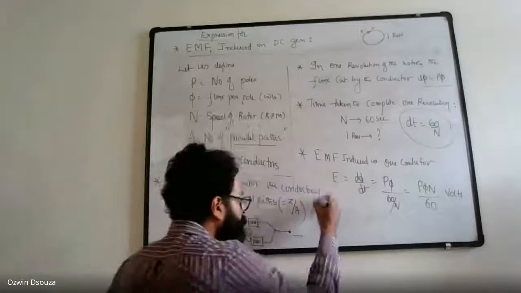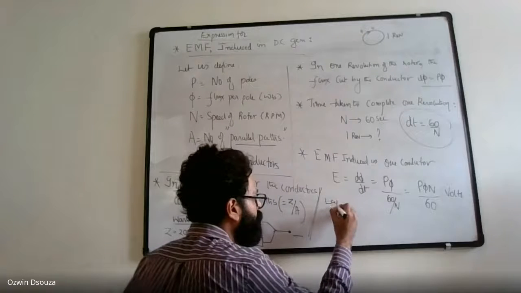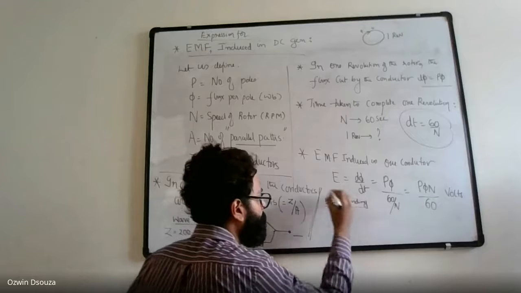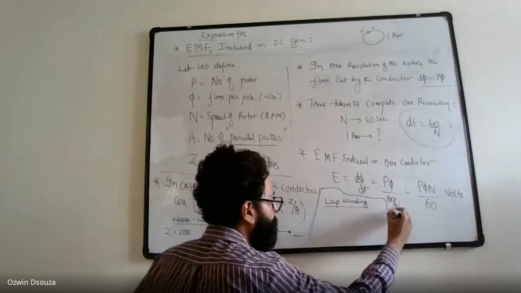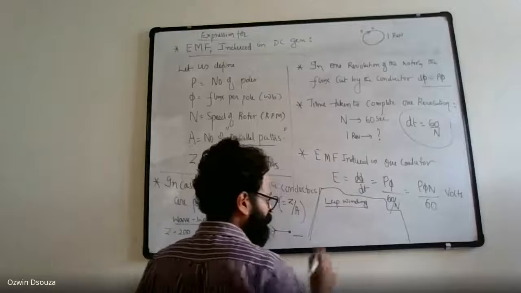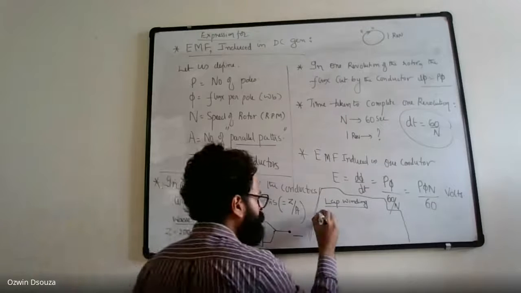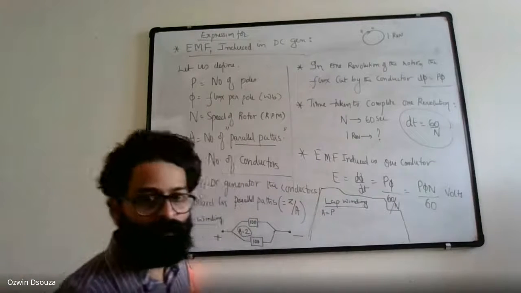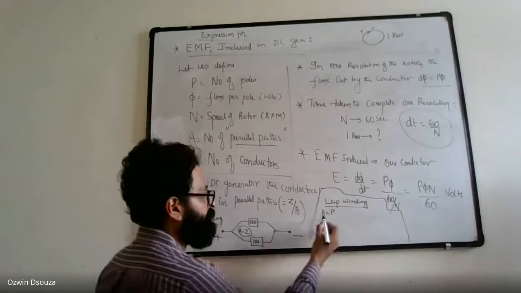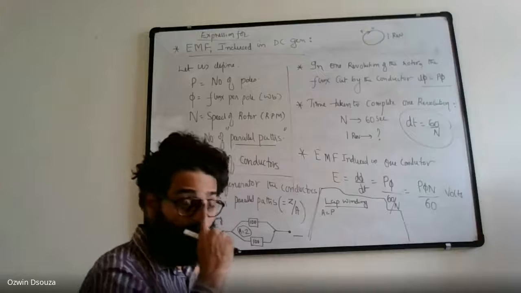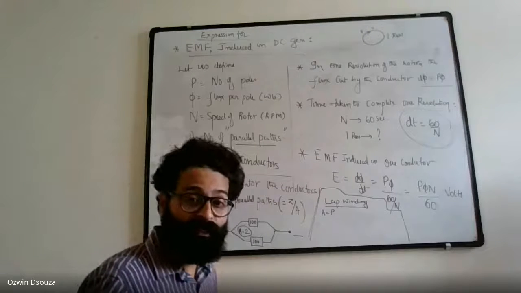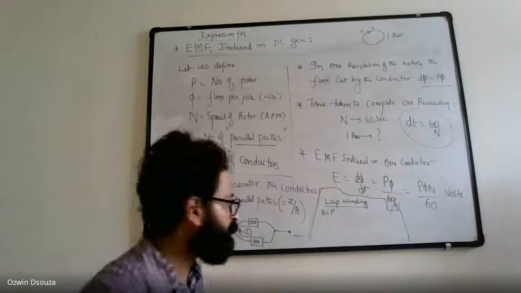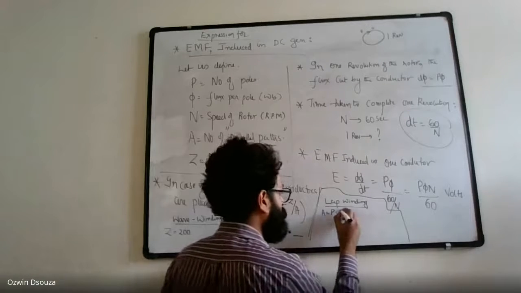On the other hand, in case of lap winding, your number of parallel paths A is equal to P. That means to say, if your machine consists of 4 poles, then you are going to have 4 parallel paths, so on and so forth. So let's say 4.